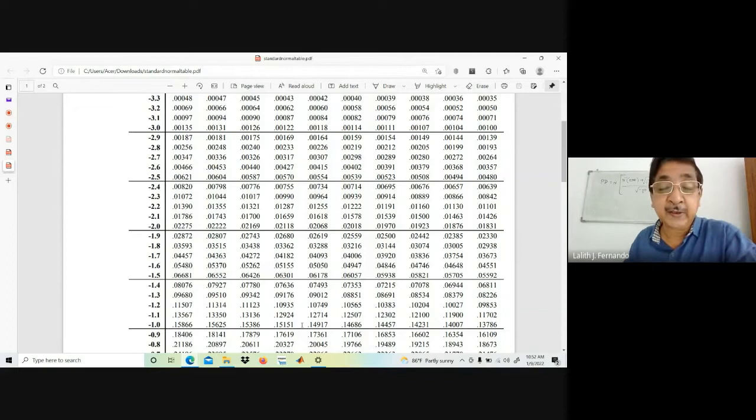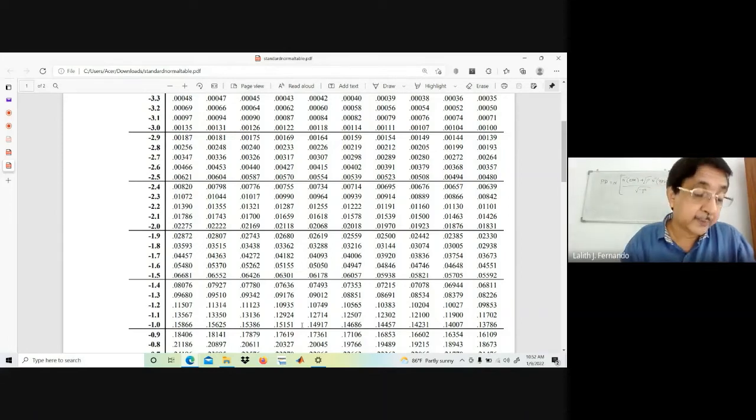The calculation is done this way. Since the difference here is 0.00151 and the total difference is 0.00234, we divide by 0.00234.